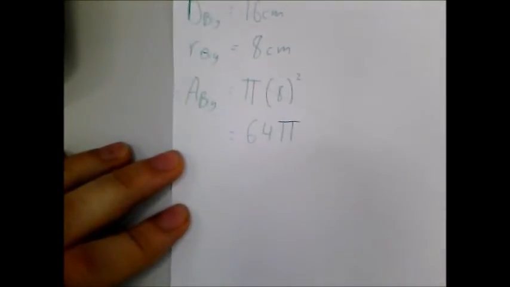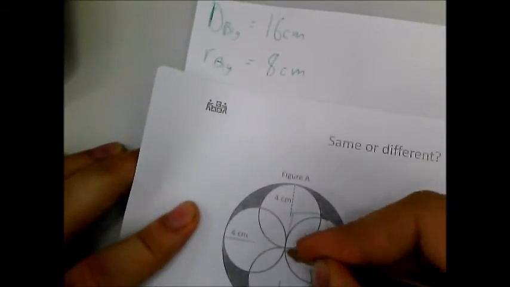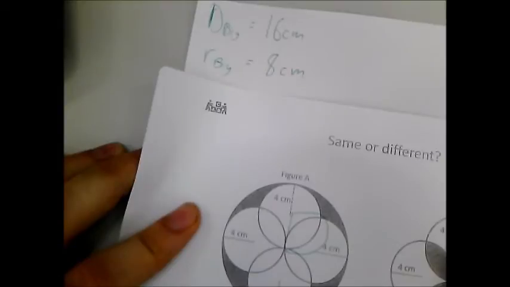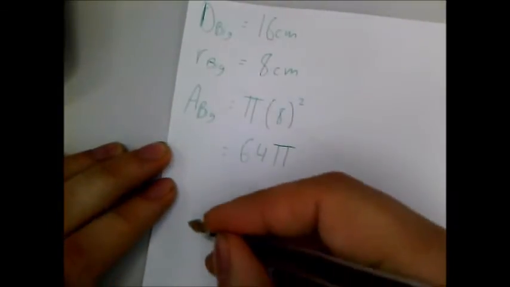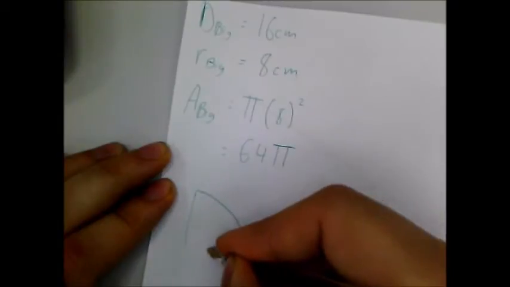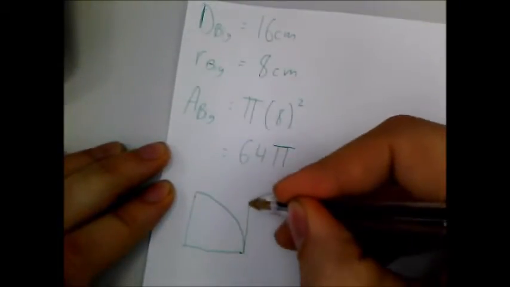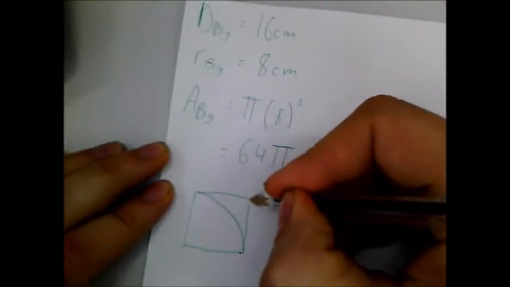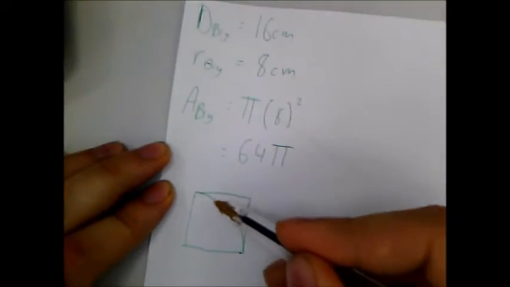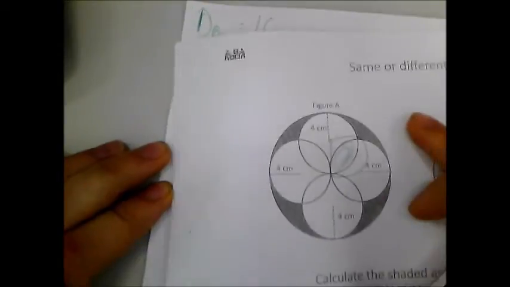Now, if I look in this section here, I'm going to draw a very quick sketch of this. Okay, so I've got a quarter circle, like so. Now, if I surround this in a square, I can see that I've got a region here. This is going to be important to help me to find this area, this sort of flower petal shape.